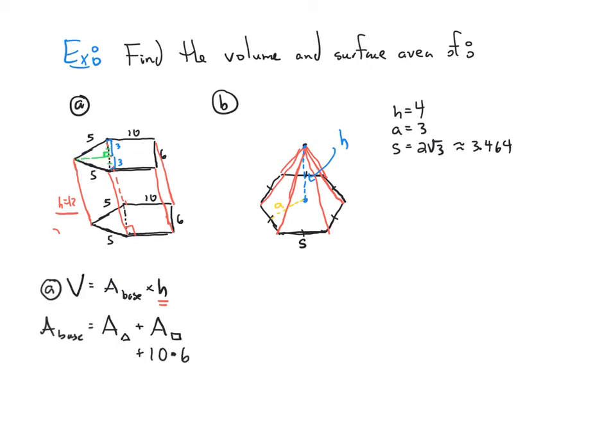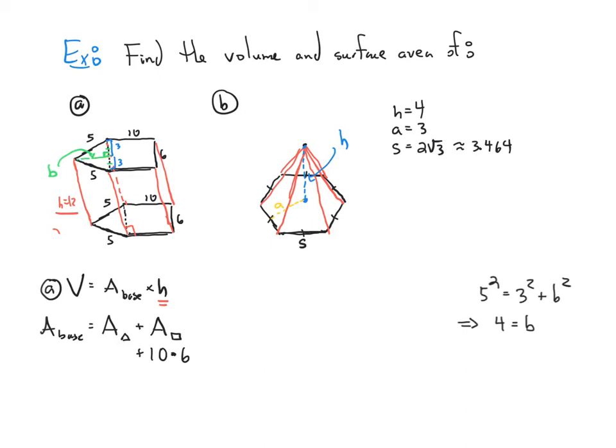So let's call that green length B. We know, of course, by the Pythagorean Theorem, that 5 squared, the hypotenuse squared, equals a squared, which is 3 squared, plus b squared, and I think it's pretty easy to see that b here has to be 4. You can try solving that yourself just to check. So we know b is 4, and that's the height of our triangle there.